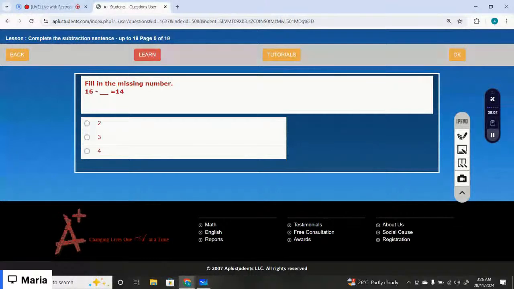Fill in the missing number. 16 minus missing number is 14, so which is the correct option?